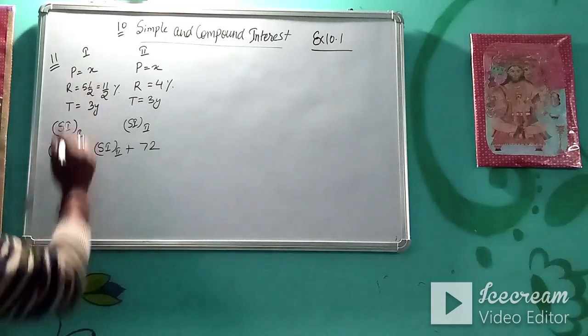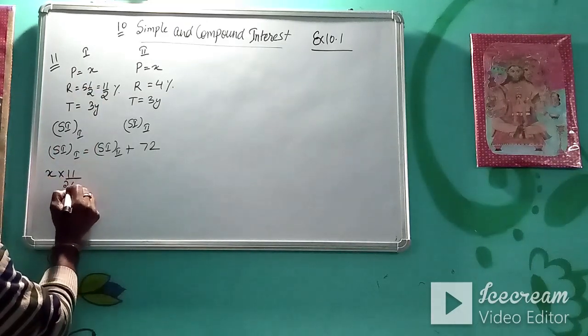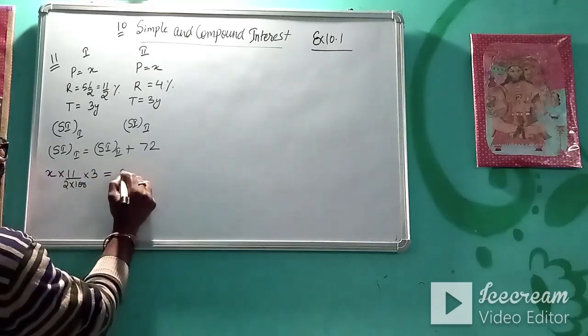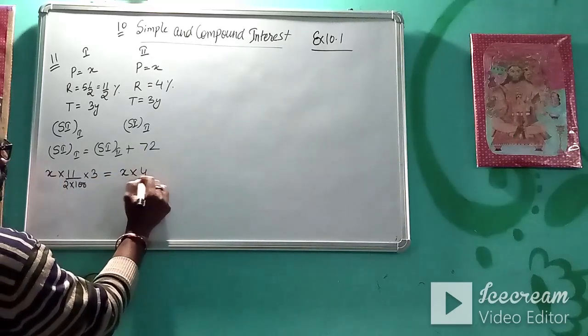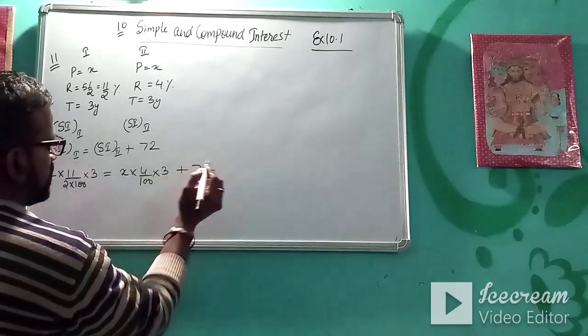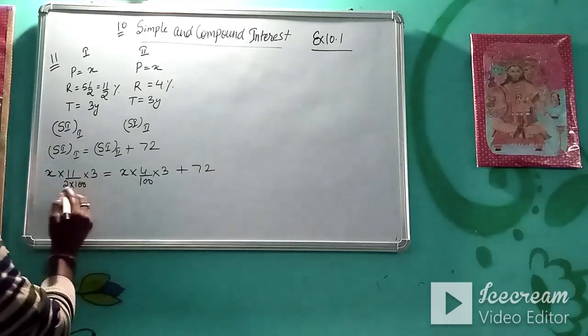So let's put the value: x into 11 by 2 into 100 into 3 equal to x into 4 by 100 into 3 plus 72. We have substituted the values.